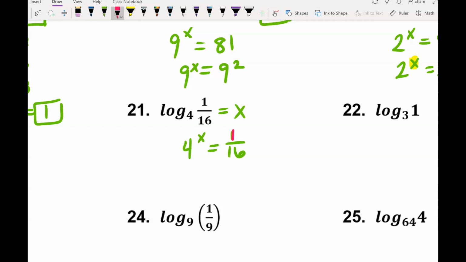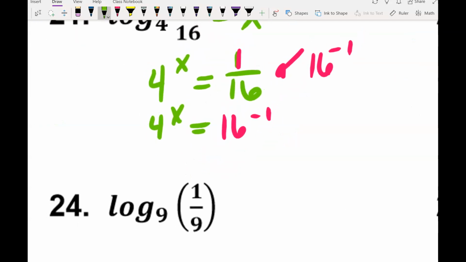You have to remember if we have 1 over a number, that means that we really have a base raised to a negative exponent. And so I have 4 to the x is equal to 16 to the negative first. And then I want to take and rewrite the number 16 as a base of 4. So if I have 4 to the x, 16 is really 4 squared.